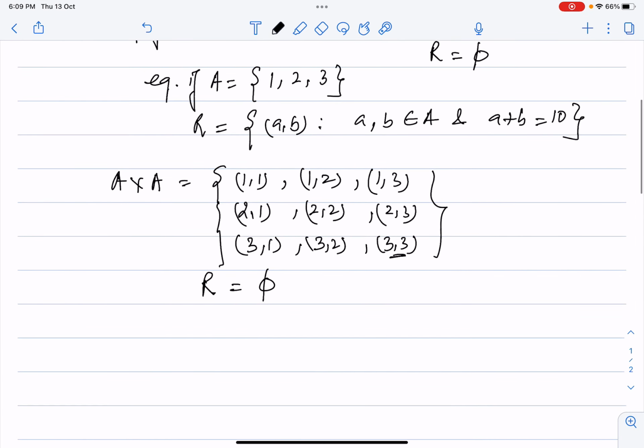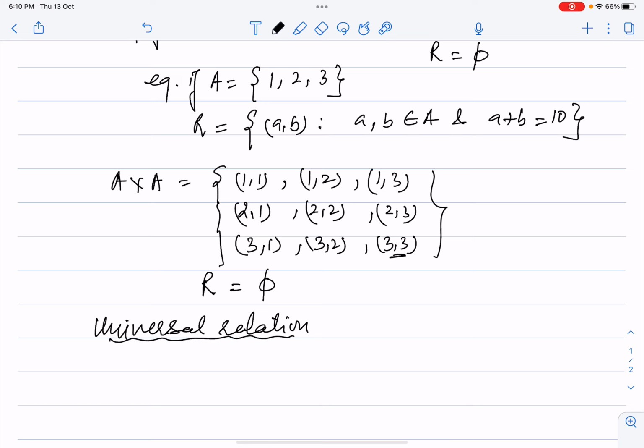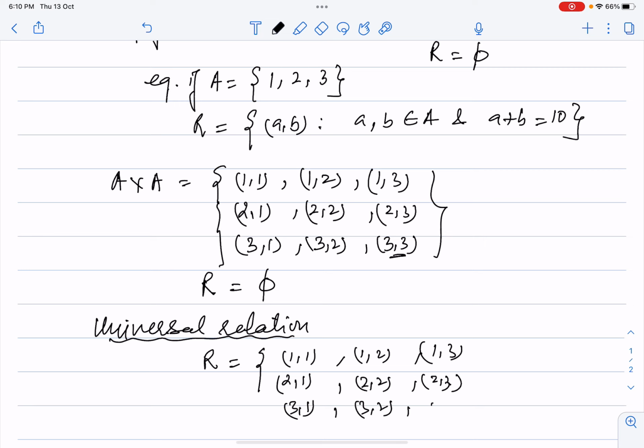Now in the last video we also read about universal relation. It is just a quick recap. We are repeating the same thing, but it is a must before starting further. So universal relation has all the ordered pairs written above, that is (1,1), (1,2), (1,3), (2,1), (2,2), (2,3), (3,1), (3,2), and (3,3).